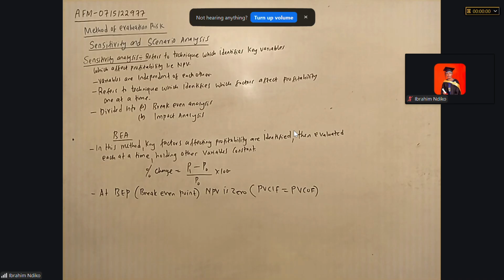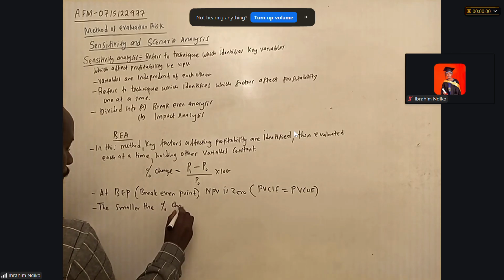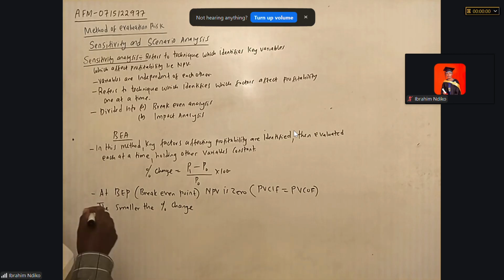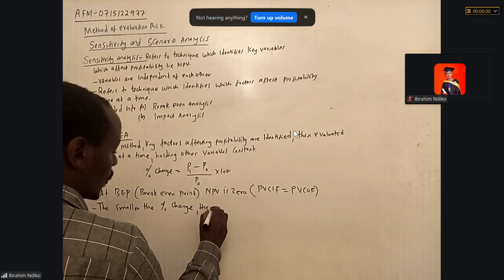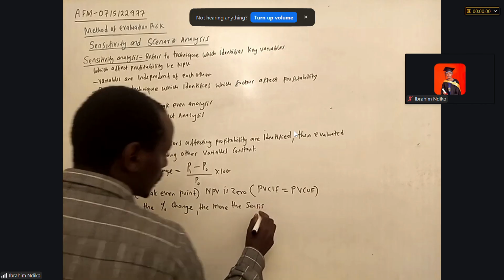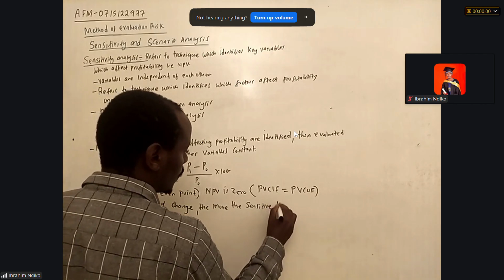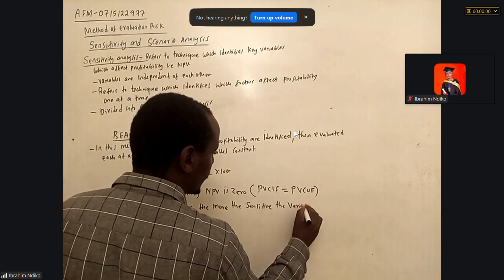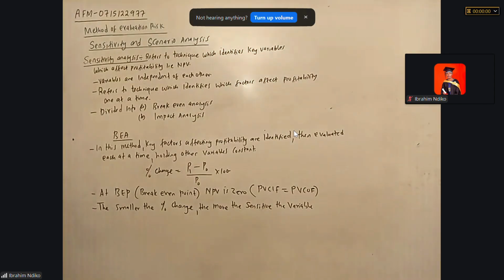And then you also need to know that the smaller the percentage change, the more sensitive the variable is, and vice versa.